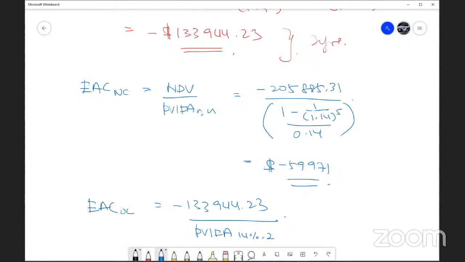This one is for 5 years, so you cannot plug that in. Sorry, my mistake. So this is PVIFA 14% and 2. The n needs to change to 2 because it's only for 2 years. This will give you a yearly cost of 81,342.95. From here, you can see which one is actually cheaper. The new computer is only costing you 59,000 per year, whereas the old computer is a bit more expensive. So you're better off just selling it off and getting a new computer.